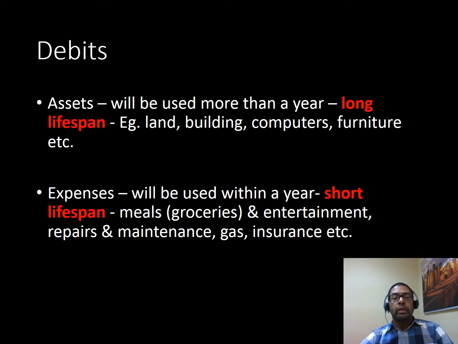Then it's going to be called prepaid expenses and it's going to be classified as an asset, or advance or prepaid expenses. So that's how. The basic fundamental of separating assets and expenses is the lifespan. Anyway, let's look in the next slide at how to record the credit side of the transaction.